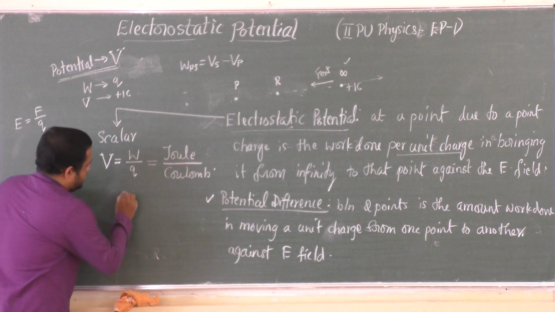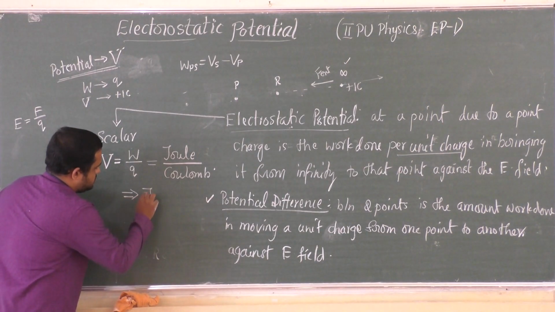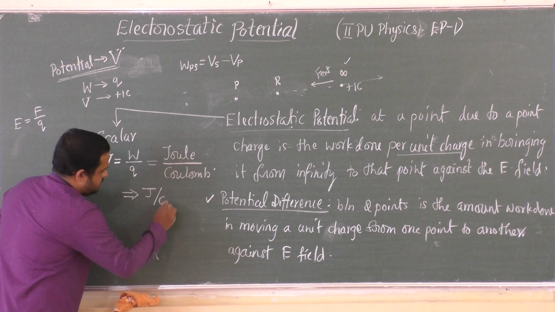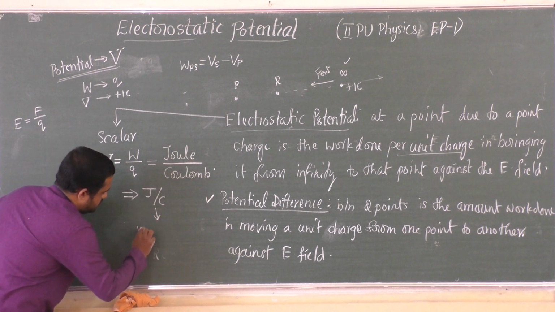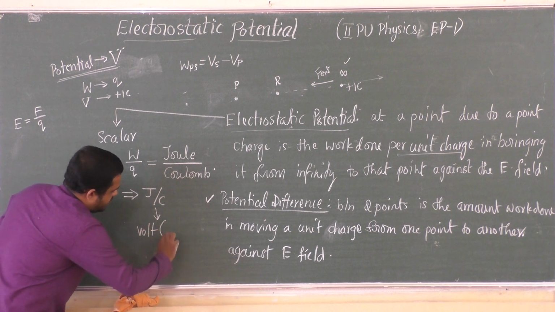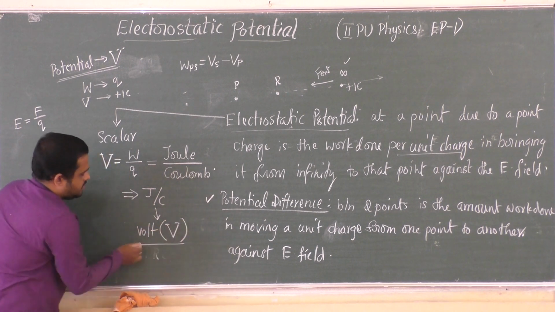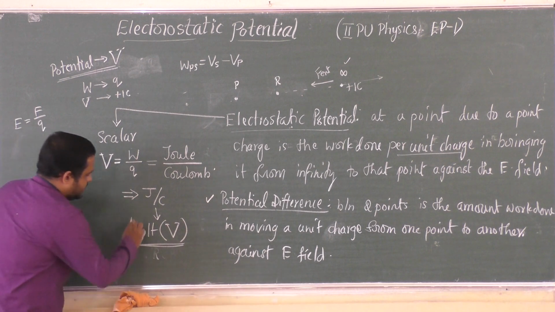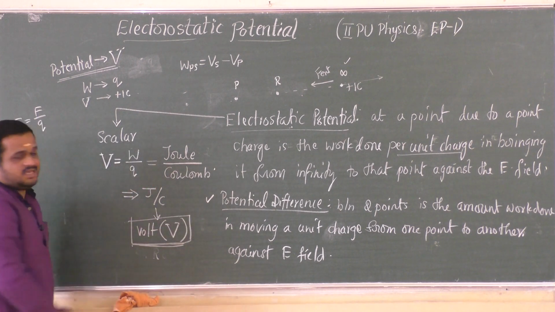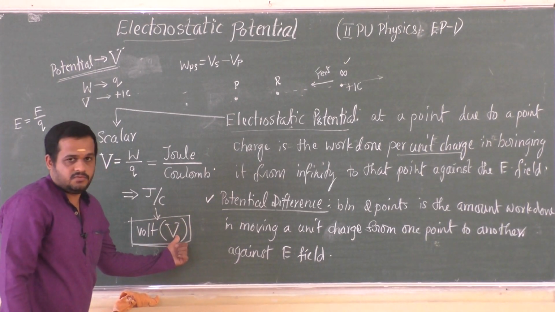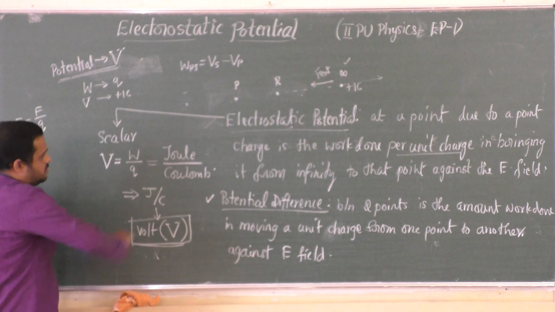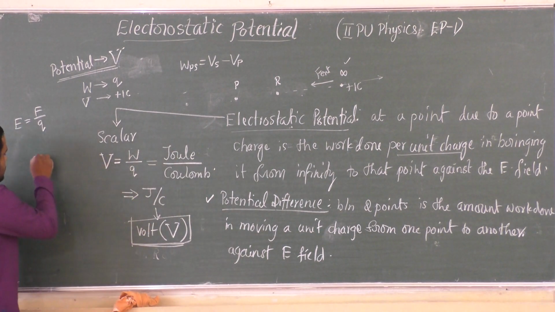So unit of electric potential is joule per coulomb, or the equivalent unit is volt, and notation is capital V. So electrostatic potential or electric potential is expressed in terms of the unit called volt, and it is V. Now here 1 volt is equal to 1 joule per coulomb.